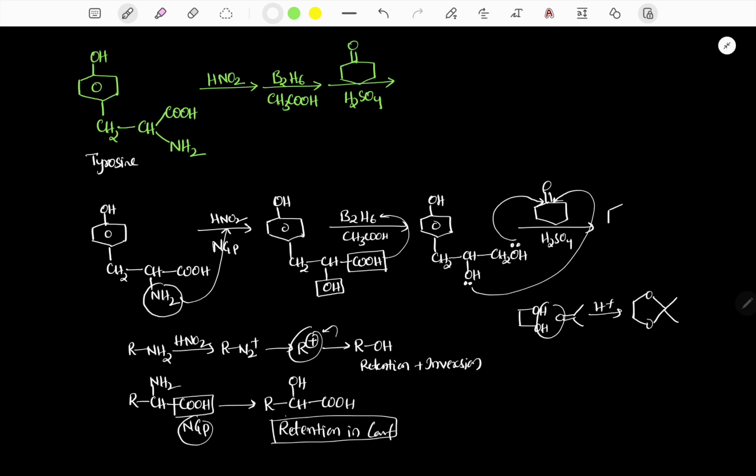So in this case also, acetal formation takes place. So it is our final compound. So the first one is diazotization, the next one is reduction, and the next one is cyclic acetal formation through nucleophilic addition.